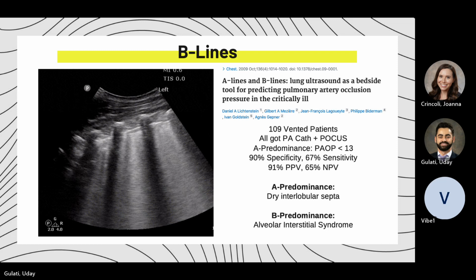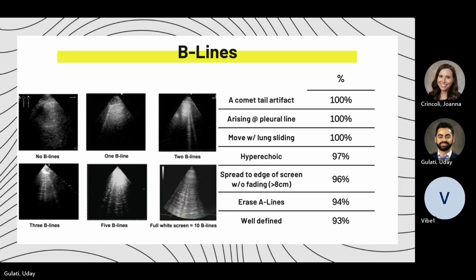Patients who were getting PA catheters, they saw that patients who had high pressures, like wedge pressures, to try and characterize pulmonary edema, those who had a pattern of A lines only were dry, meaning they had low CVPs and low pulmonary capillary wedge pressures, versus those that had B lines correlated with those with high CVPs or high pulmonary capillary wedge pressures, really characterizing what they call alveolar interstitial syndrome, which is just a fancy way of saying that those interstitial spaces with those blood vessels are full.